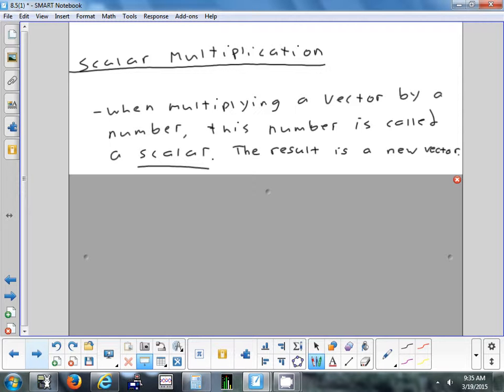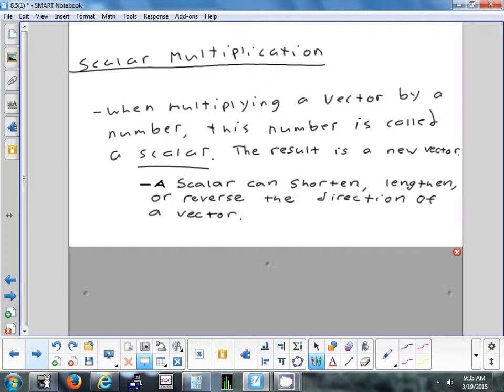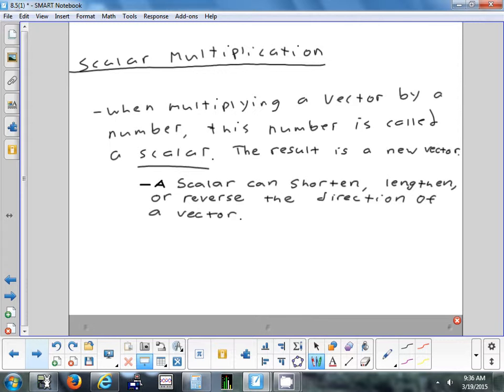Right. What kind of number would do that? A negative. So if you multiply by a negative, that's going to reverse the direction of it. Now you could multiply by a negative 1/2 and do two things at the same time: make it half as long and flip the direction. But those are the three things that a scalar can do: lengthen, shorten, or reverse direction. Any question on those three?